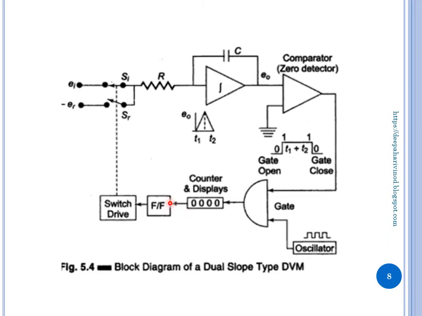This activates the switch drive, which disconnects SI, that is EI, and connects SR.